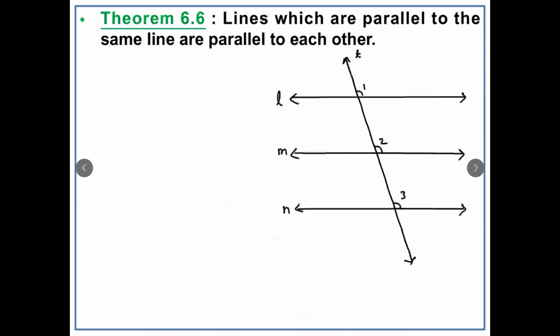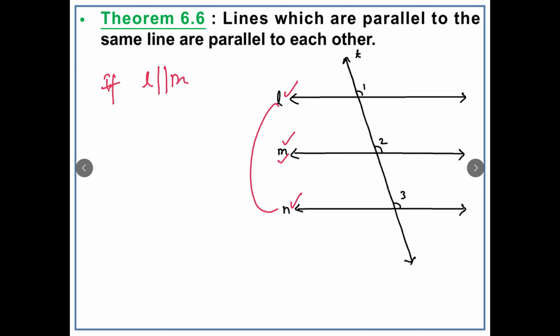Then theorem 6.6 says, lines which are parallel to the same line are parallel to each other. That means if line L is parallel to M and N is also parallel to M, this implies that L and N are also parallel.